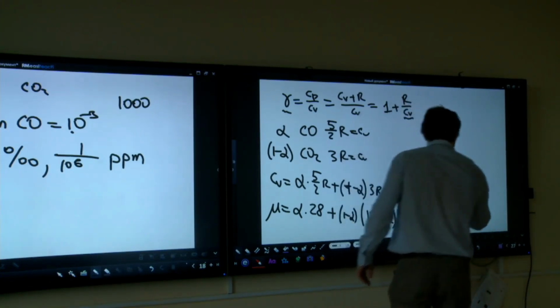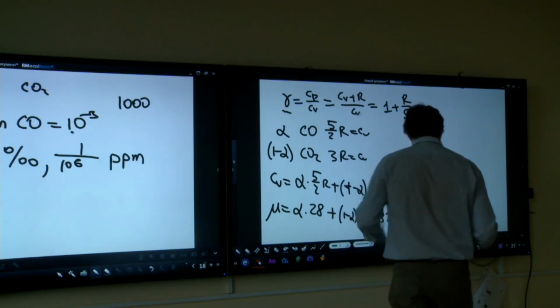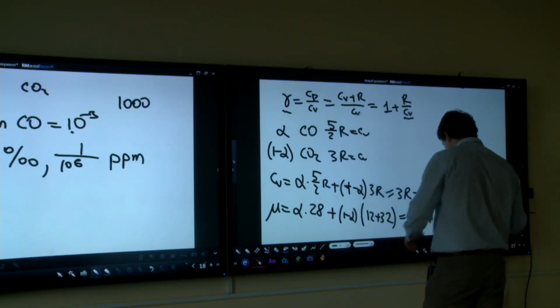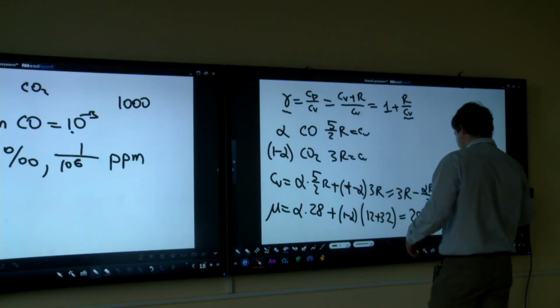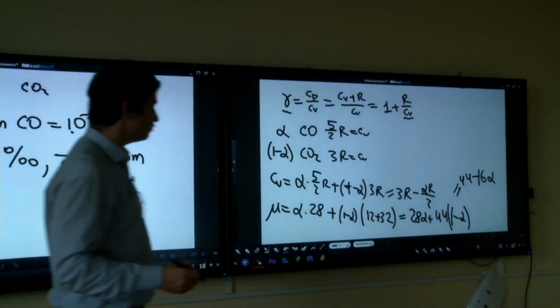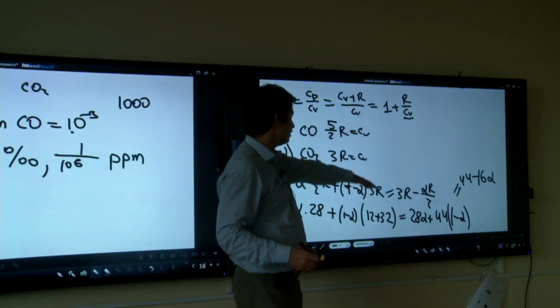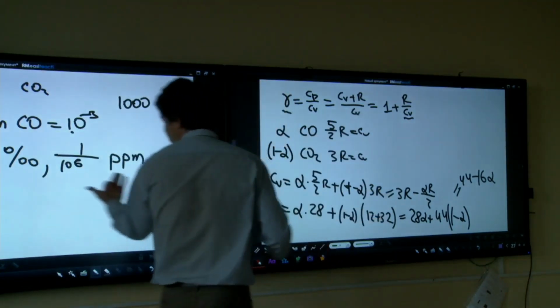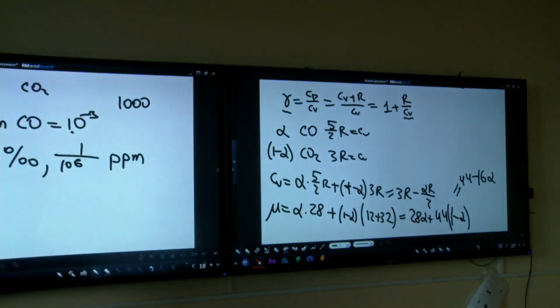So that should be 44 minus, not 6, actually 16 alpha. 44 minus 16 alpha. Okay, then I can insert this gamma and this mu into that equation and determine the correction to the speed of sound. Since we don't have any time anymore, I would continue during the next class.